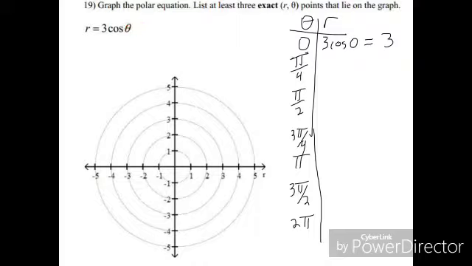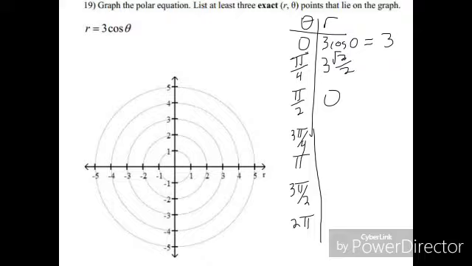Cosine of pi fourths is square root of 2 over 2 times 3. We get 3 square root of 2 over 2. Okay. Pi halves. Plugging that in. Cosine of pi halves is 0, times 3 is 0. Excellent. Let's see how far this has taken us so far.